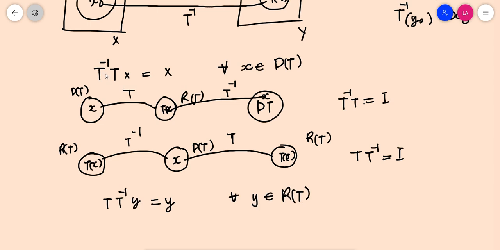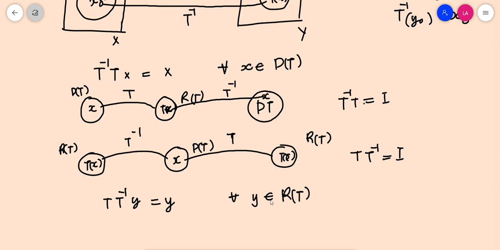So if a linear transformation T has an inverse T inverse, then T inverse T and T T inverse should be equal to the identity map, or T inverse T of x is equal to x for every x an element of D(T), and T of T inverse y is equal to y for every y an element of R(T).